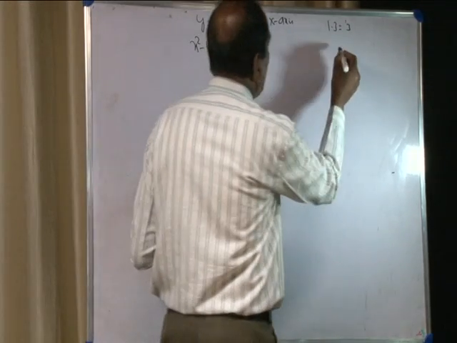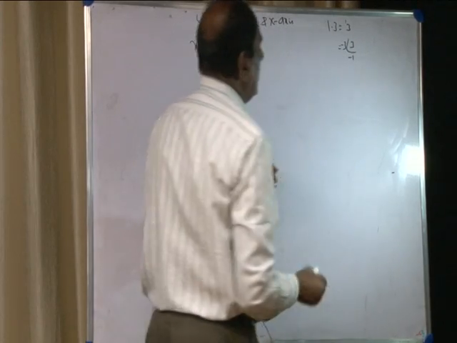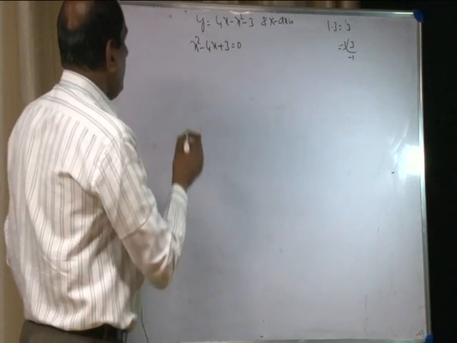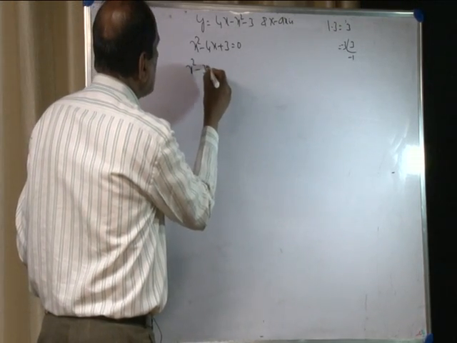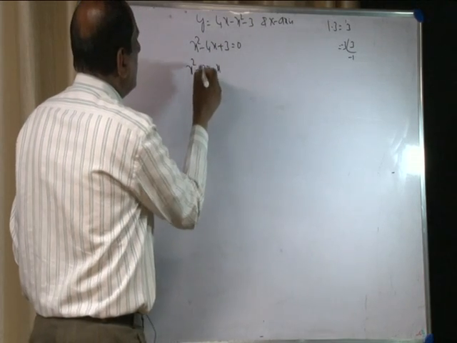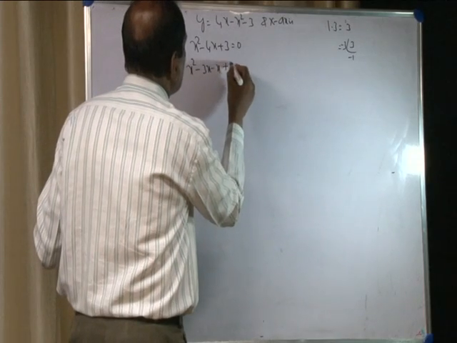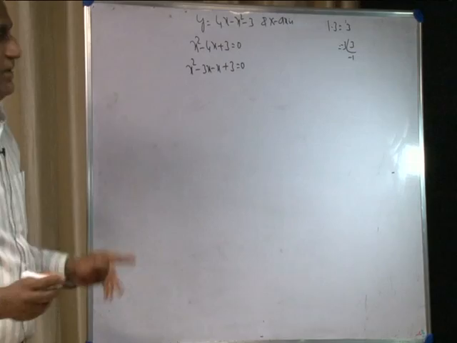So, the factors are minus 3 and minus 1, minus into minus plus, 3 into 1 is 3. Therefore, we can write this as x square minus 3x minus x, observe, minus 3x minus x is minus 4x, plus 3 is equal to 0. So, this is actually the factorization method.